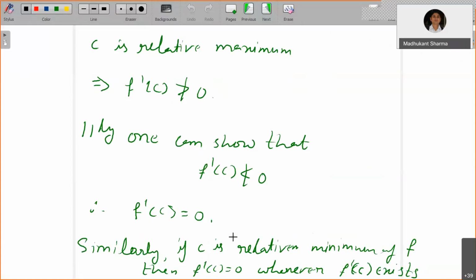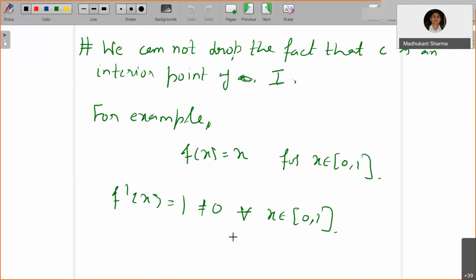So we have already explained that we cannot drop the fact that c is an interior point of I. We have already given the example f of x equals x for x belonging to the closed interval 0, 1, whose derivative is 1, which is non-zero for all x in 0 to 1. So we cannot drop the fact that c is an interior point of I.